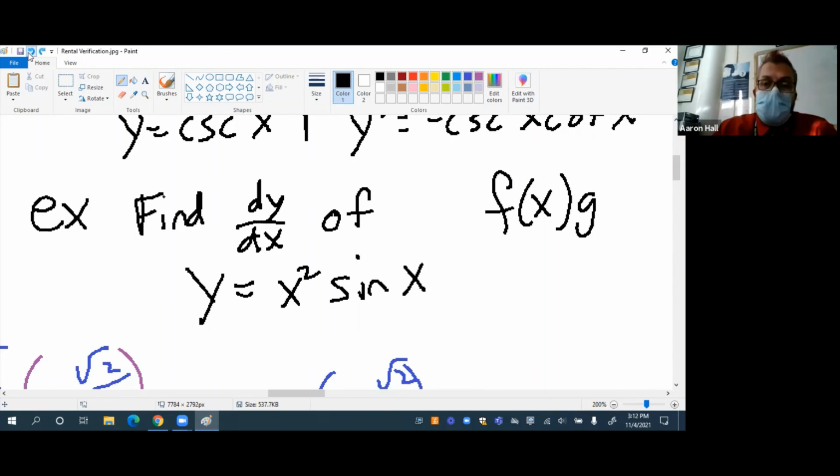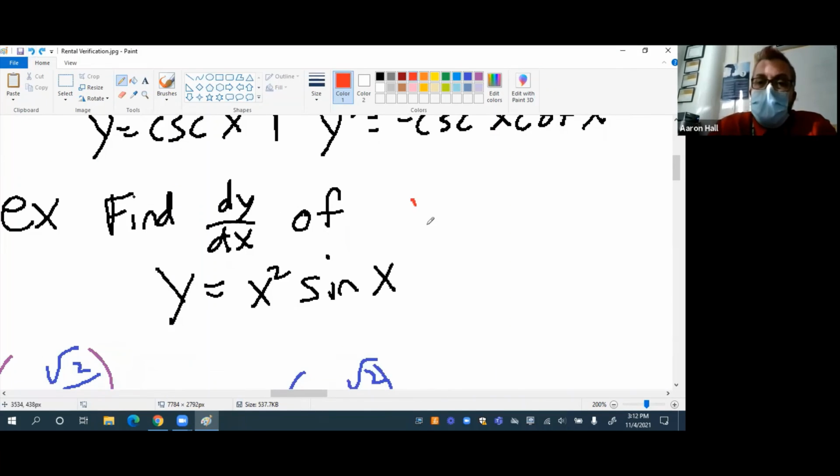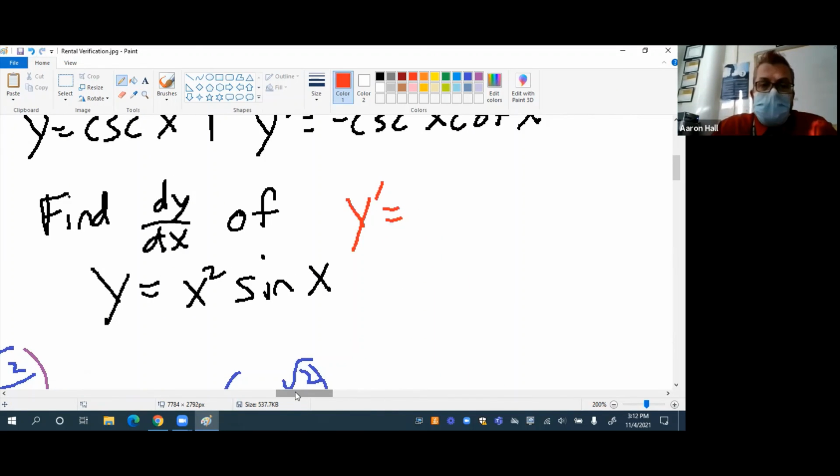So if we have to use the product rule, what does this become? Louder? Somebody said it's x squared times cosine of x plus 2x times sine of x.